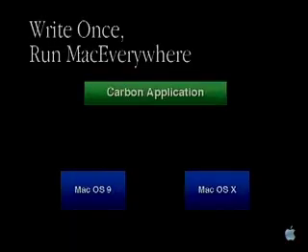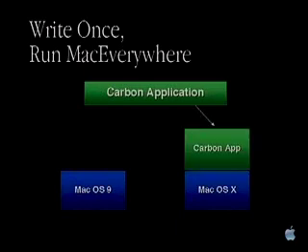And the great thing is, when you carbonize an application, it can run on both macOS 9 and macOS 10. So you haven't lost all of your current customers who are using macOS 9. You've gained your macOS 10 customers. Now the way this works is since Carbon is built in as a fundamental part of macOS 10, the app just runs on macOS 10.